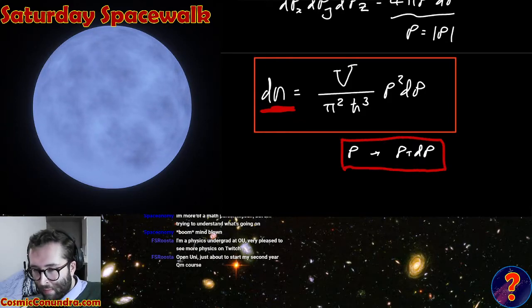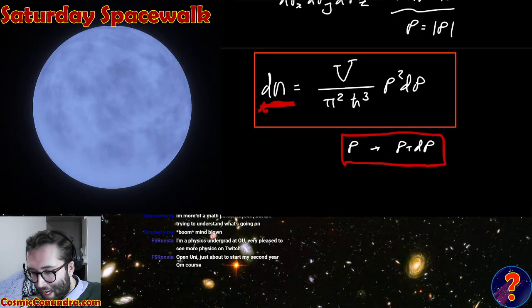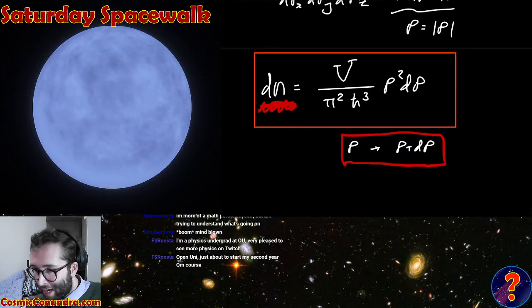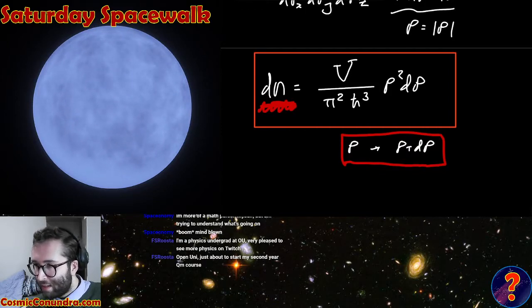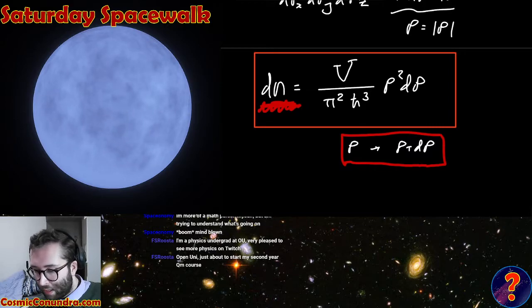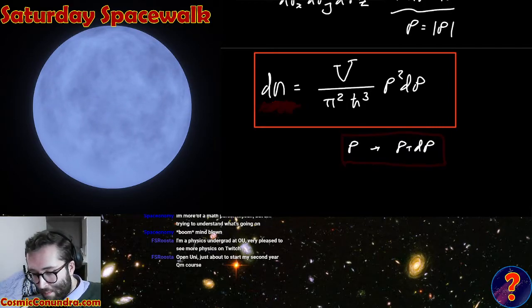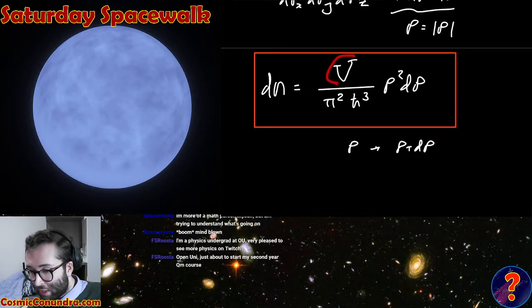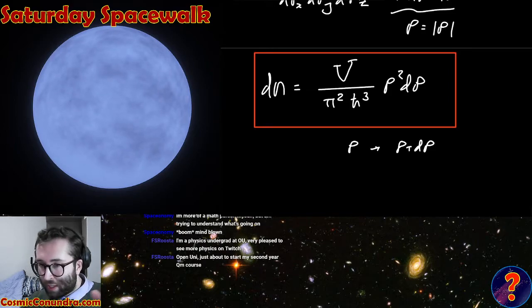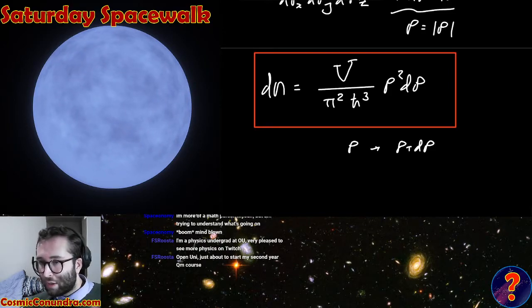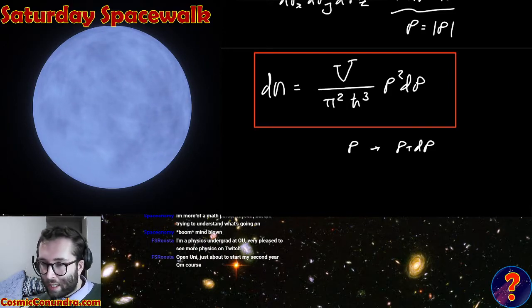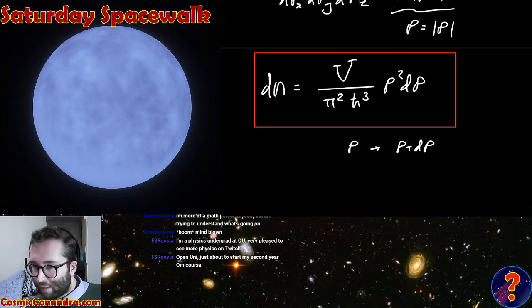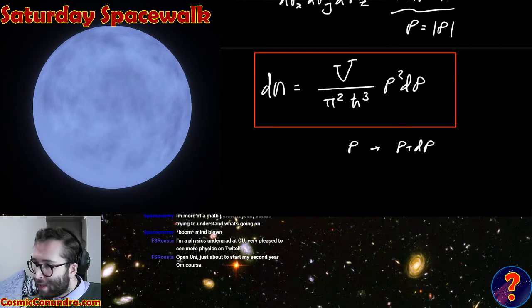That is how many electron states, and therefore how many electrons, because of one electron per state from the exclusion principle, you can cram into this range of momenta when you've got a box with some volume V. So if you've got a bigger box, a bigger spatial extent, clearly you can cram more electrons into this phase space involving momentum and position.